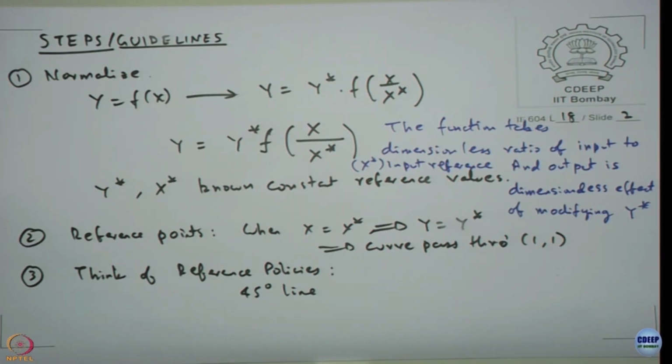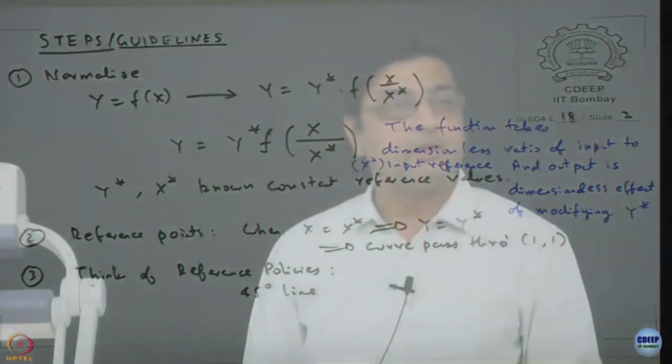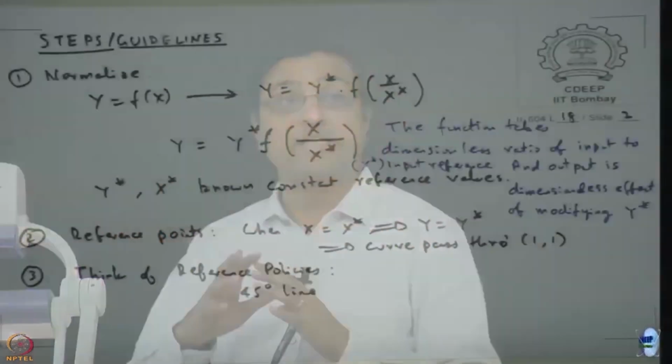Next we will think about reference policies, and use them to identify possible infeasible regions. When x is very low, can y take, say, the value 1? If that is never going to occur, then we know these regions are infeasible. So we can use it to narrow down the possible shapes of the function, or the possible values the function can take. Along with the reference policy, we also need to think about what happens at the extremes.